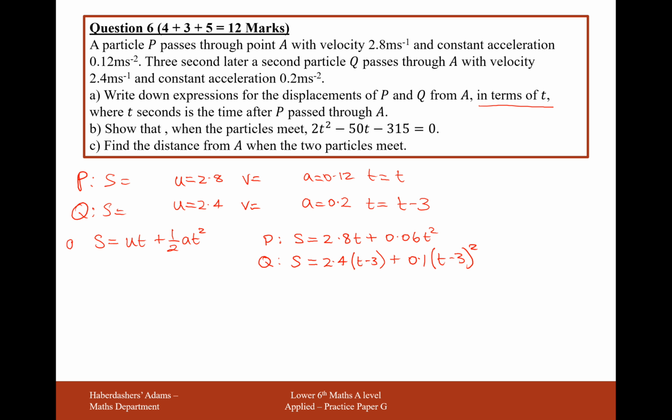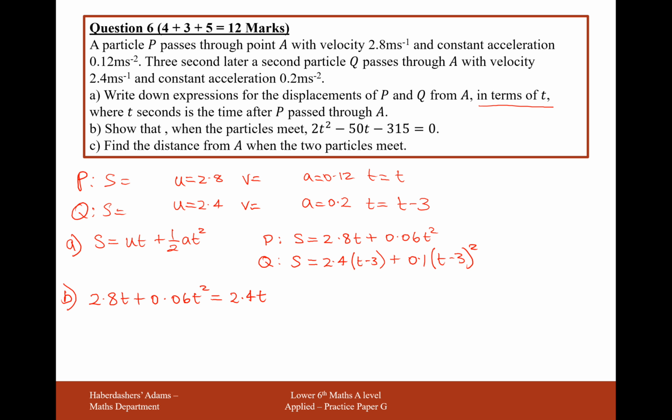Part B is show that when the two particles meet, or in other words, the displacement is equal, we get this quadratic equation. So S's are equal, therefore P, 2.8 times T, add 0.06 T squared, is going to equal the displacement for Q. That's going to be 2.4 T, and I'll expand the brackets at the same time.